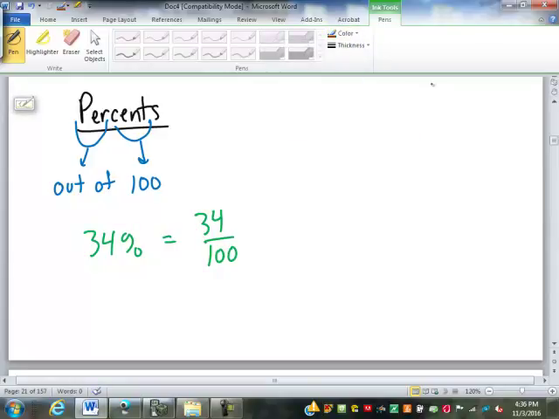In fact, it's that easy to turn a percent into a fraction. It's just like that. It's always over 100. Now, we wouldn't leave it as 34 over 100 because both of those can be divided by 2. So we would reduce it to 17 out of 50, or 17/50ths.